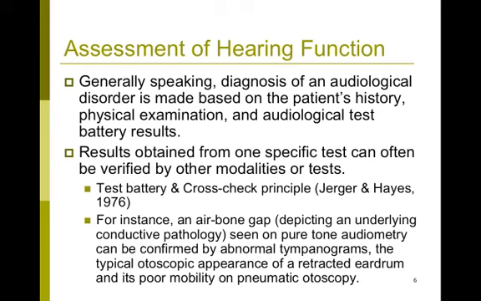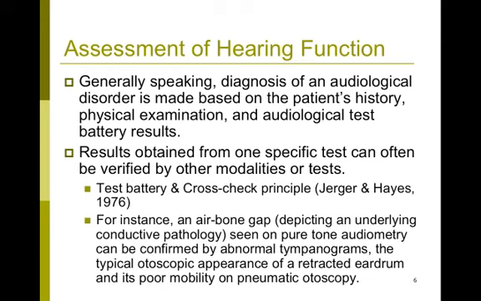So when you're doing a hearing assessment, it's kind of a multi-stage process. You probably would begin with doing a case history and building a rapport with the patient. Then you would follow that with a physical examination, perhaps using an otoscope.